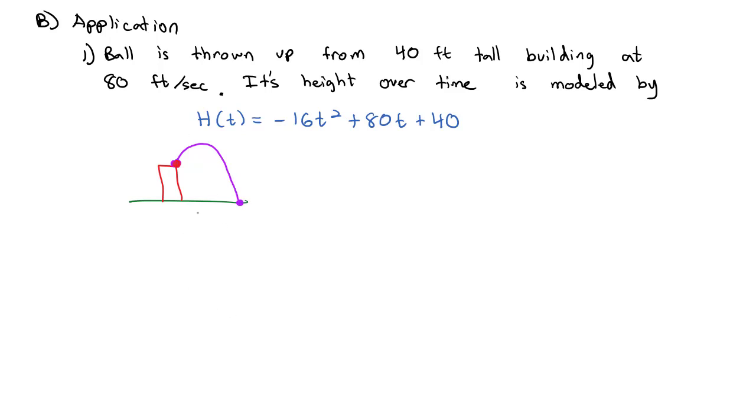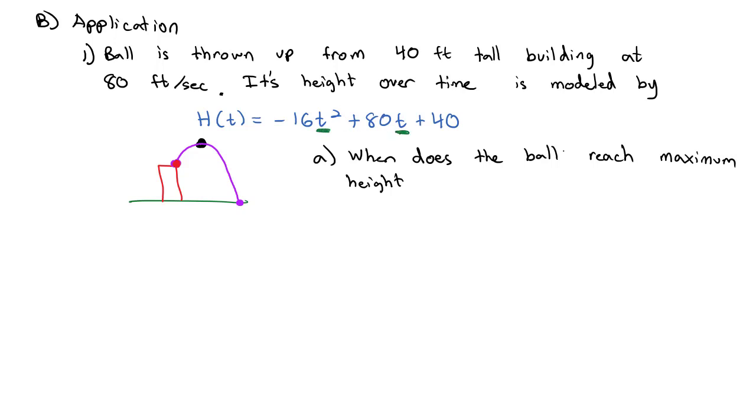We're going to be interested in a couple questions. The first question we're going to ask is, when does the ball reach maximum height? Well, if I look at the graph, the maximum height is right here at the vertex. So what we're really asking for is the x-coordinate, or in this case the t-coordinate, because t is our variable, the t-coordinate of the vertex.